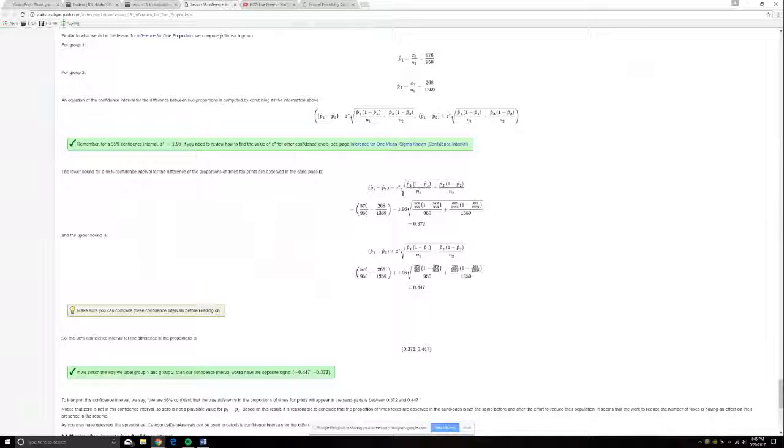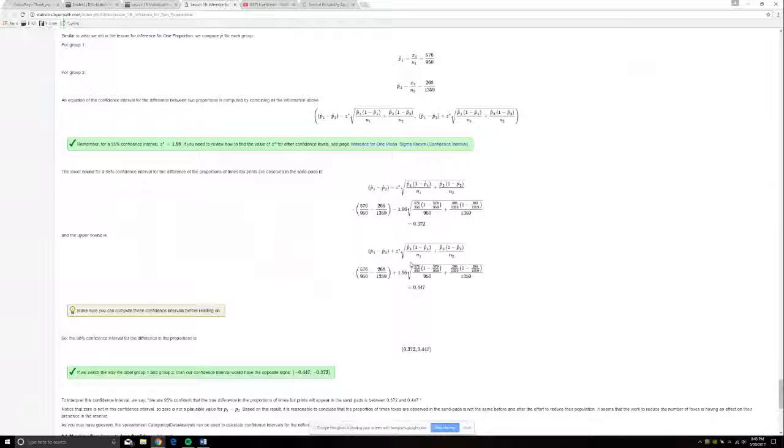Well, what we did was this Z part was to find the margin of error. And then I think the point estimate is P1 minus P2. Okay. Because that's why you would add and subtract the whole Z thing to get the upper and lower bounds.